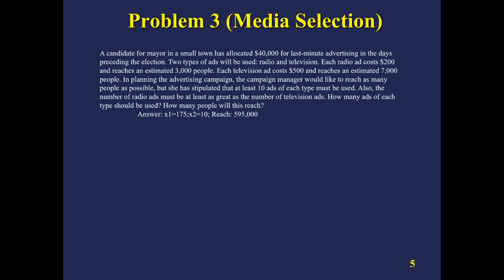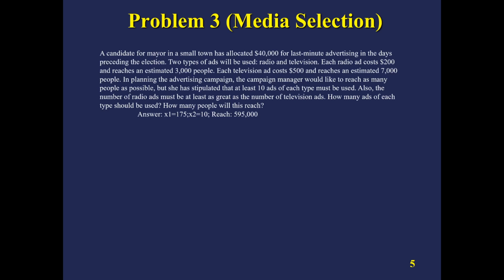In planning the campaign, the manager would like to reach as many people as possible, but she has stipulated that at least 10 ads of each type must be used. Also, the number of radio ads must be at least as great as the number of television ads. How many ads of each type should be used? How many people will this reach?